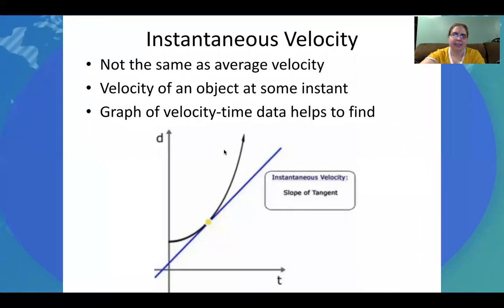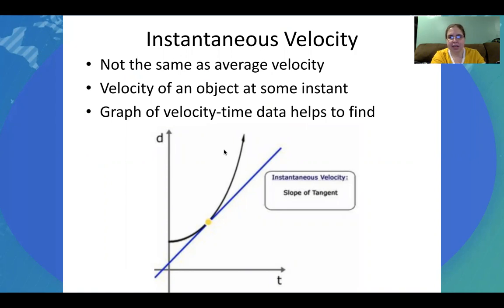Instantaneous velocity is not the same as the average velocity. Even when you're in a car driving, your speed is not exactly the same at every single moment in your travels. And that's what instantaneous velocity would be looking at. It's the object's velocity at any given point in time.